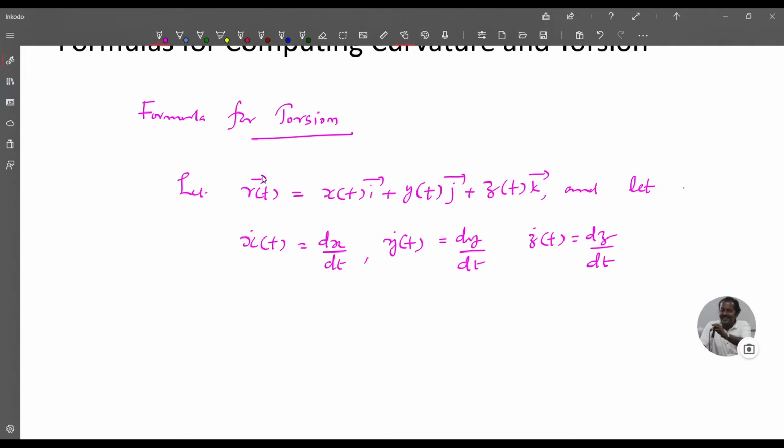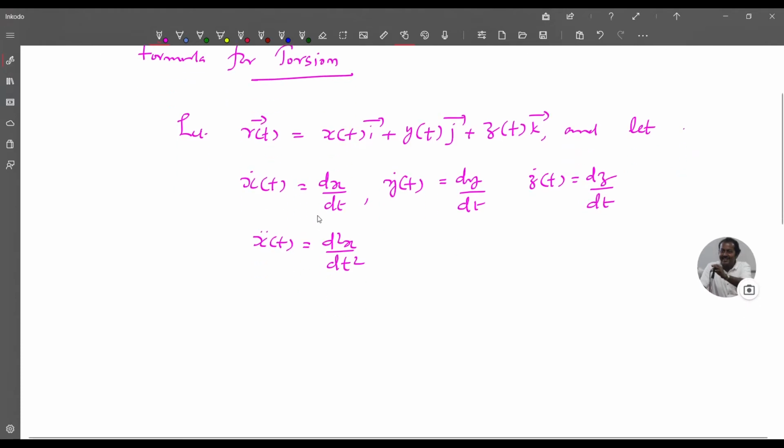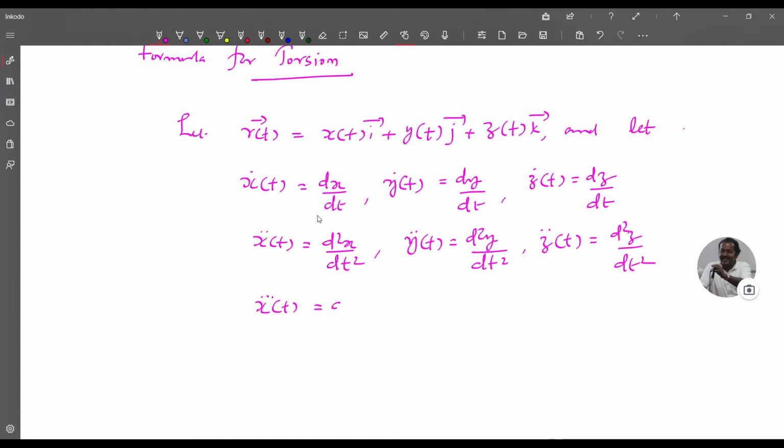X double dot of t is equal to d square x by dt square, y double dot of t is equal to d square y by dt square, and z double dot of t is equal to d square z by dt square, and x triple dot of t is equal to d cube x by dt cube.